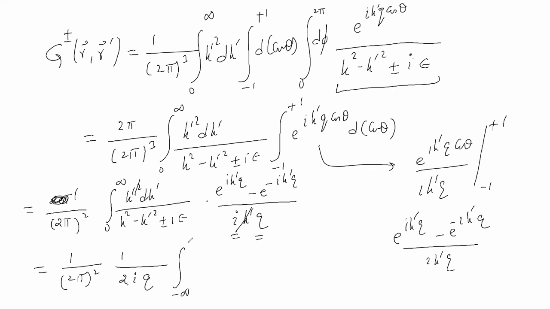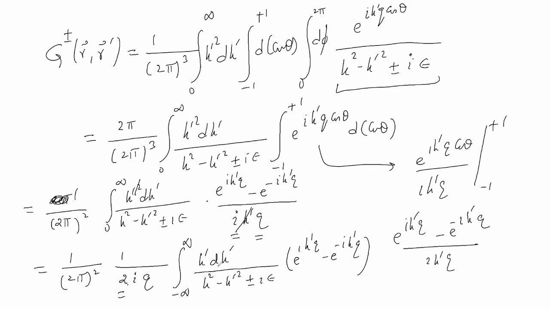Therefore, this is 1 by 2, a factor coming because I am going to change the limit: k' dk' upon (k² minus k'² plus minus iε) times (e to the power i k' q minus e to the power minus i k' q).